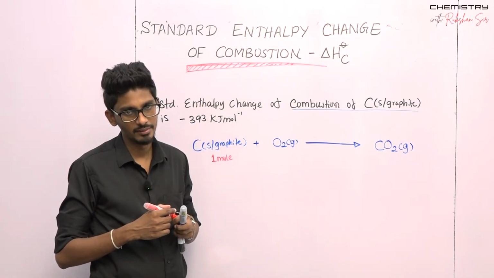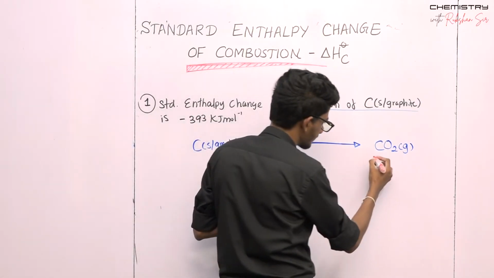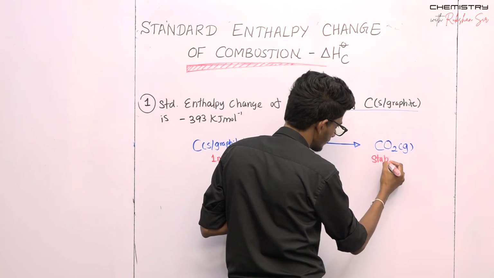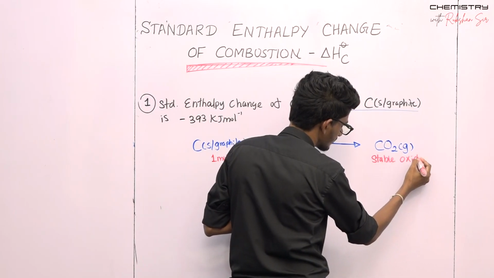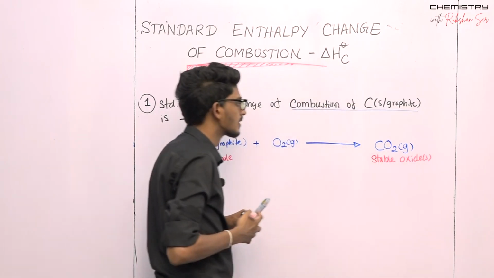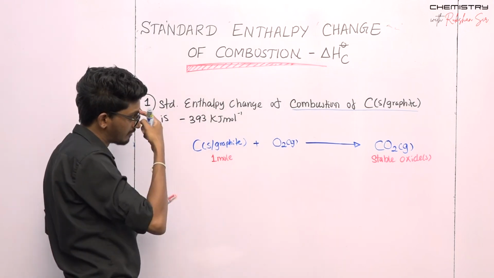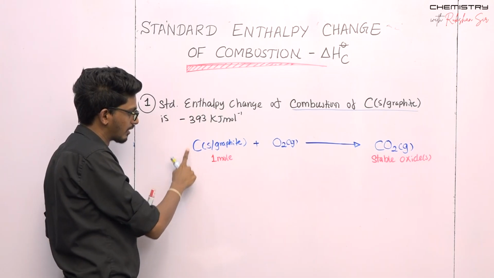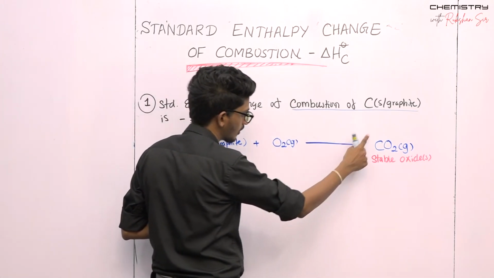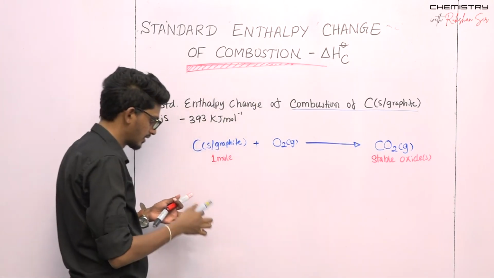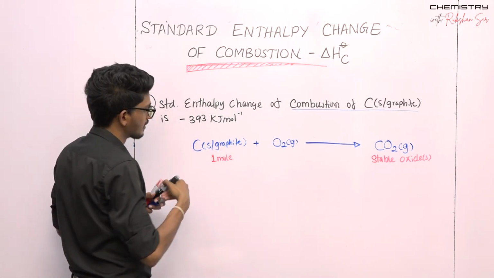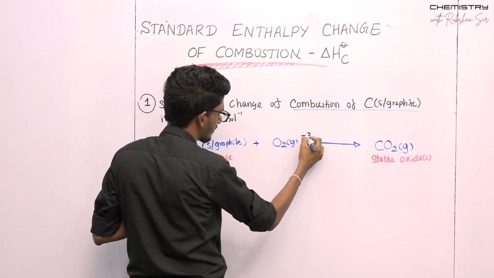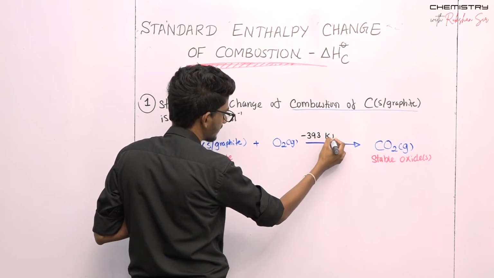That is considered the stable oxide. Then we have to balance this. As 1 mole stands here, just one mole of carbon should be there, so it is balanced. This enthalpy change is given as minus 393 kilojoules per mole.